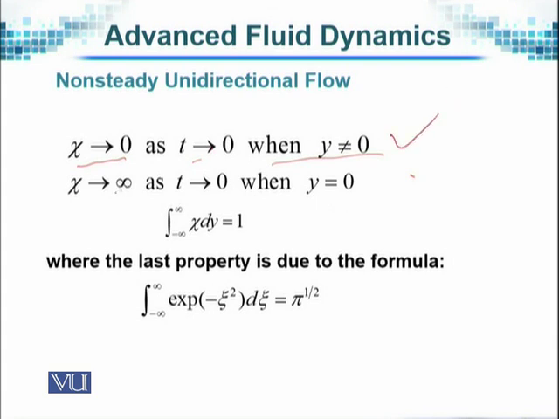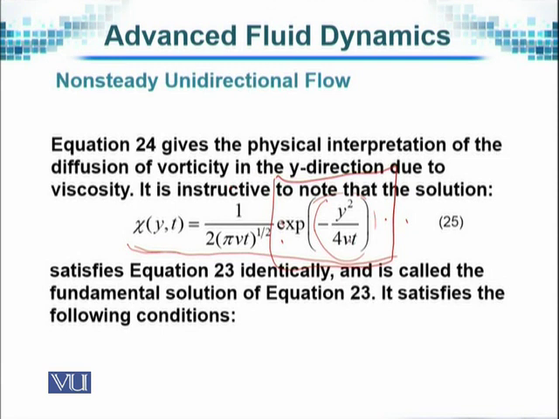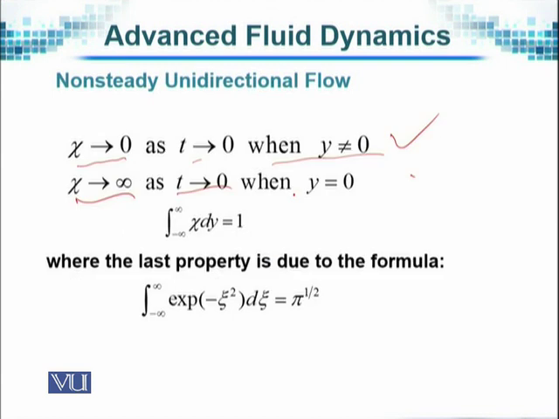And chi tends to infinity as t tends to 0. So I did mention that if t becomes small, this number becomes large, and that's what it says here. Therefore, chi tends to infinity as t tends to 0 when y is equal to 0.